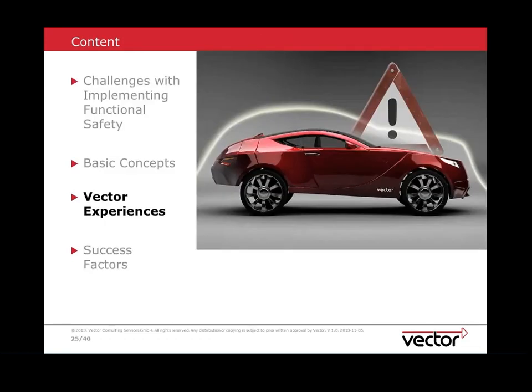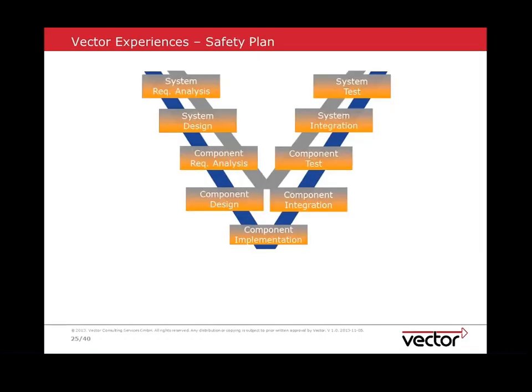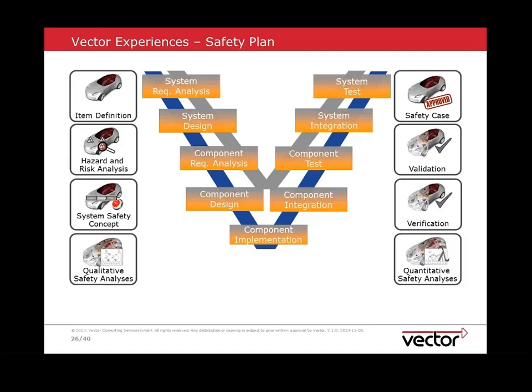Let's briefly look into some experiences in order to show how these concepts translate into practice. And a first one, and we obviously cover here what we see as most relevant in our practical projects, is having a safety plan.